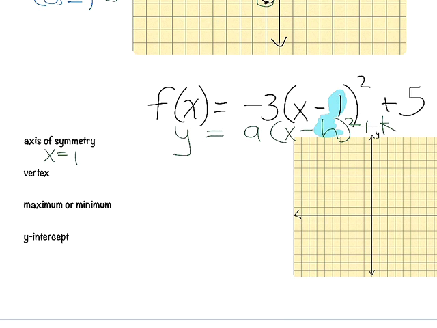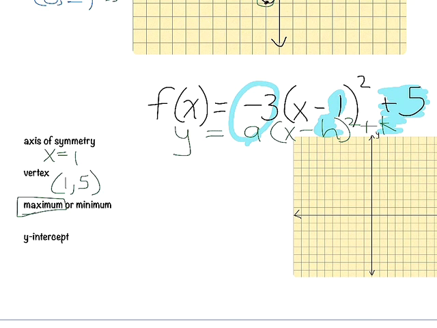My vertex is (h, k). So I have this +5 here as my k value. So I'm going to have the ordered pair of 1, 5. And since my a value is a negative, that means it's going to open downward, and that means this is in fact a maximum.